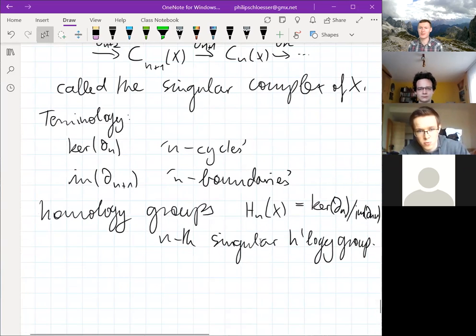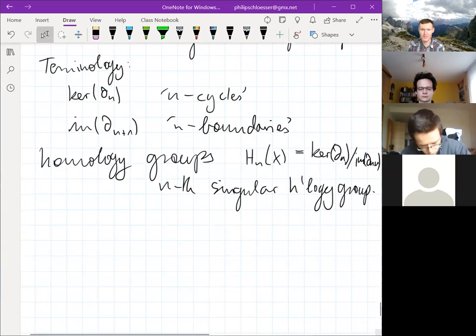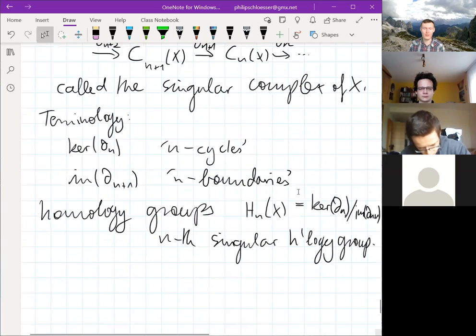That is what people mean when they talk about homology groups of topological spaces. Again, they classify to what extent our chain complex fails to be exact, or more especially the nth singular homology group classifies to what extent n-cycles fail to be n-boundaries.